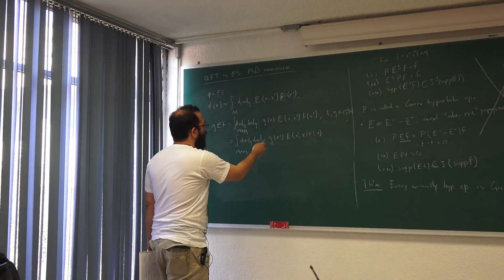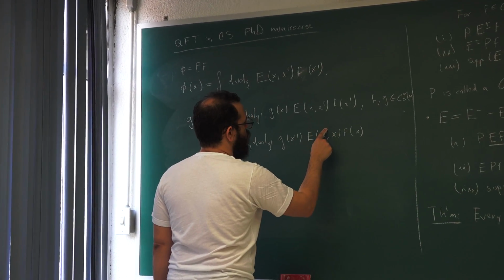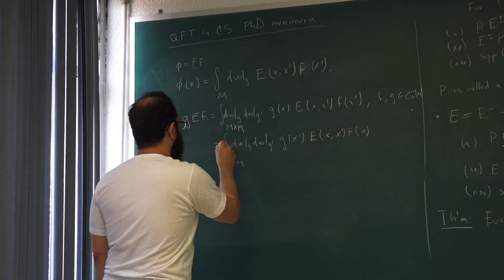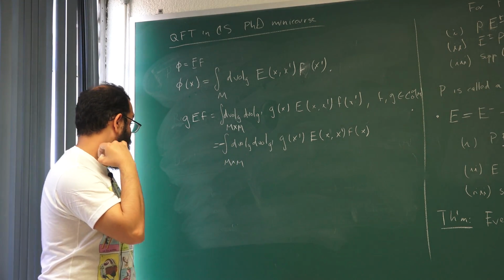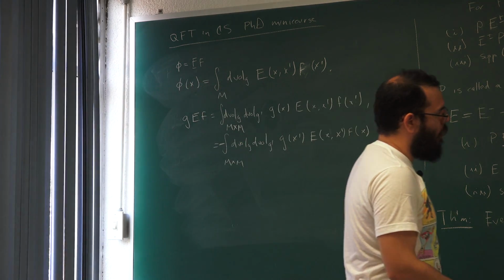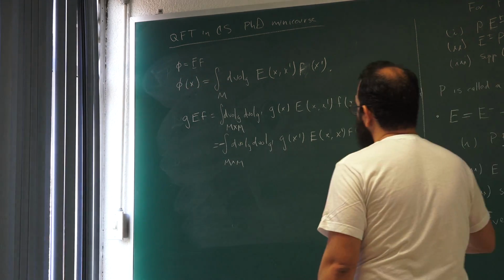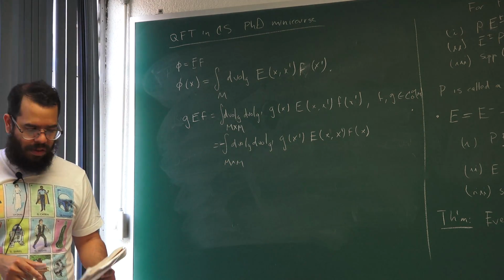If I switch these two, I get a minus sign. Maybe I have to write it in this advanced minus retarded way to see it, but let's just take it for granted that it's antisymmetric for now.